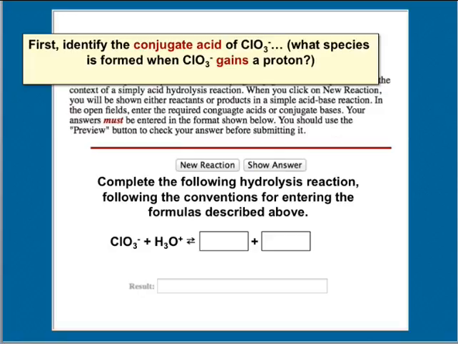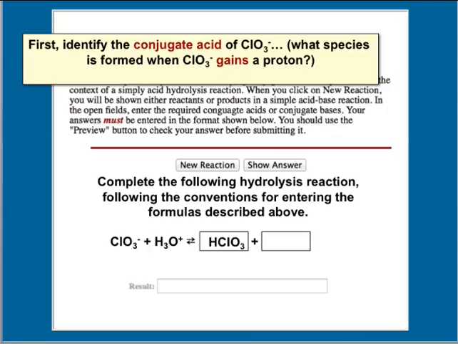Its conjugate acid will have one more hydrogen and one less negative charge. ClO3 minus, so one more hydrogen, one less negative charge.